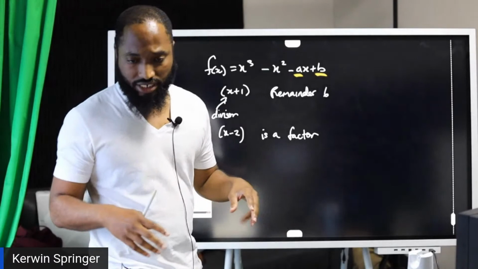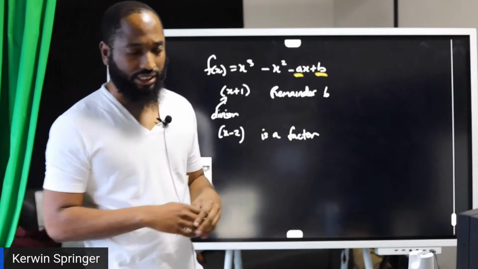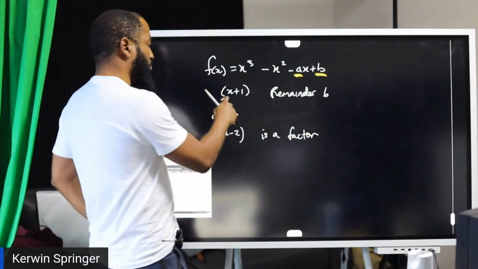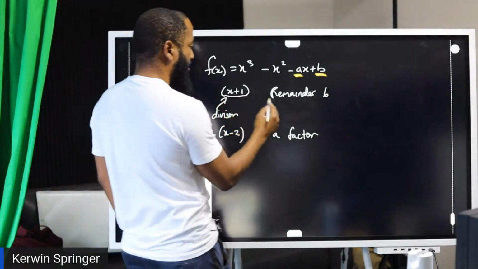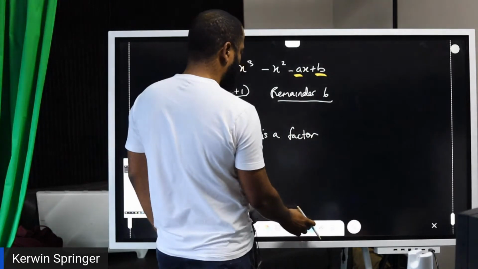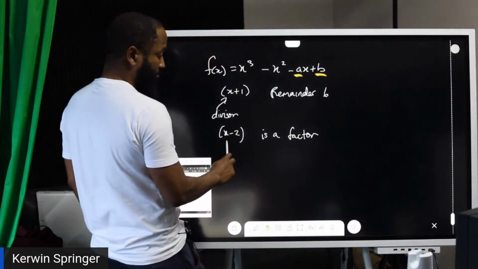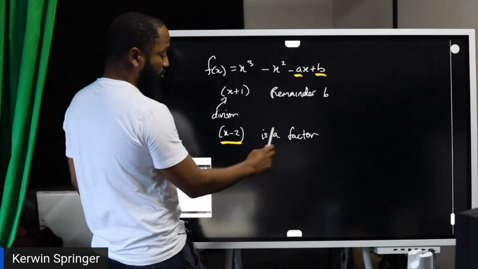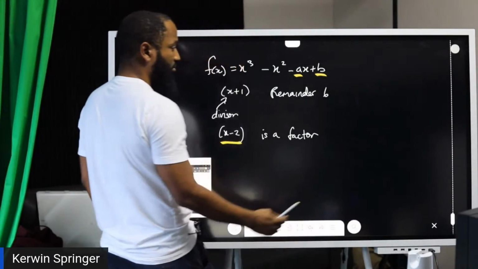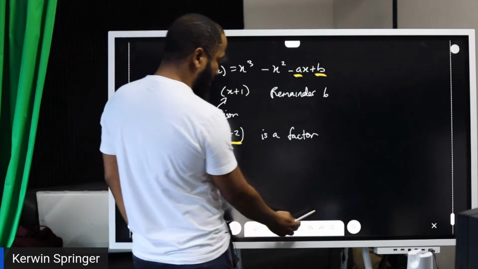If you're not seeing it clearly, you need to raise the setting on YouTube. When you divide by this, you get a remainder of 6, and when you divide by this, you get no remainder because it is a factor. So we're going to use the remainder term.